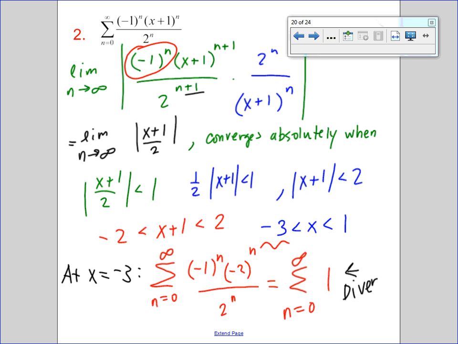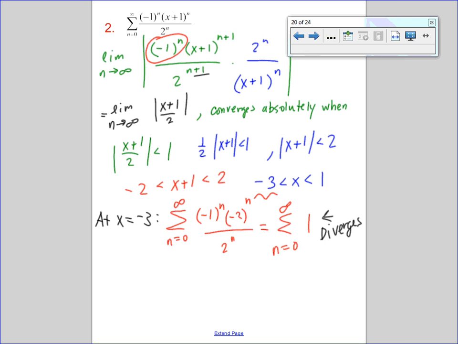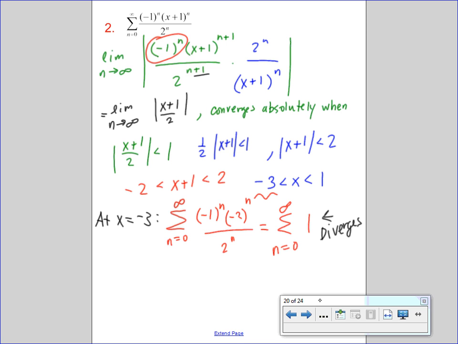Which means, do I include that -3 or not? The -3? So far we've got -3 strictly. Now what do we need to test? We've got to test that 1. Exactly.